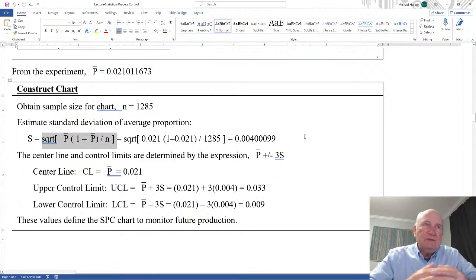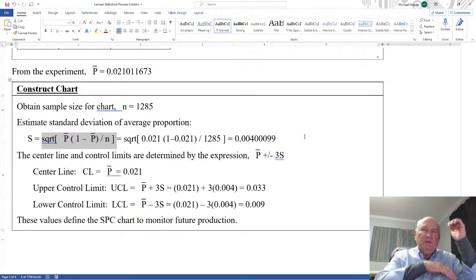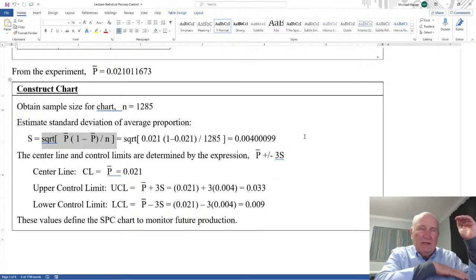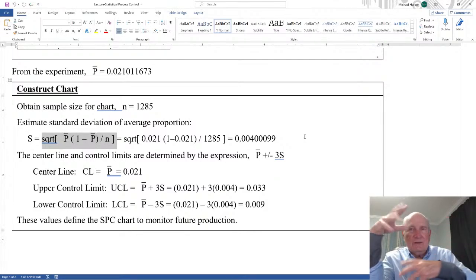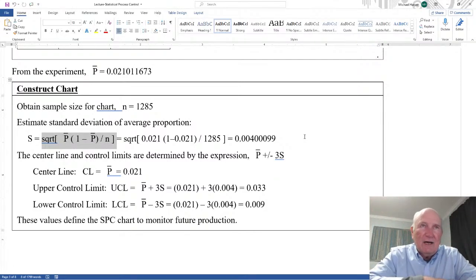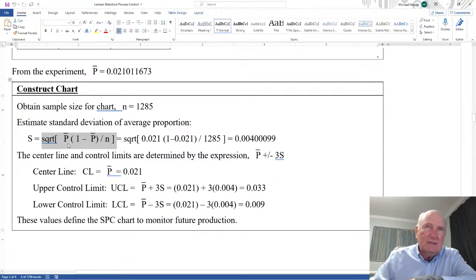You go into the statistical theory, probability theory, and you define it, develop it, and estimate it. Well, that's given to us. We don't have to derive these things. It's a business course. But that is the standard deviation of the mean, which is the average proportion in this case. That's the estimate of it.